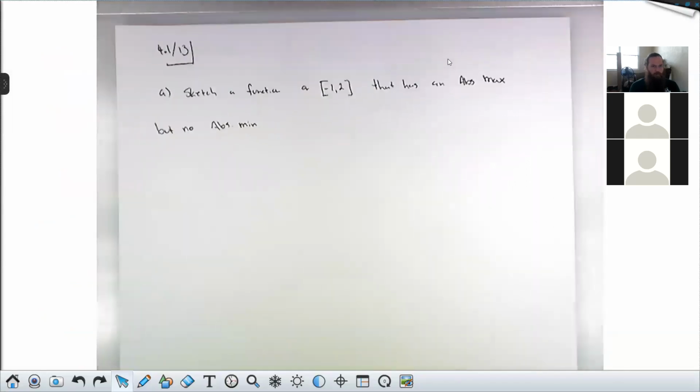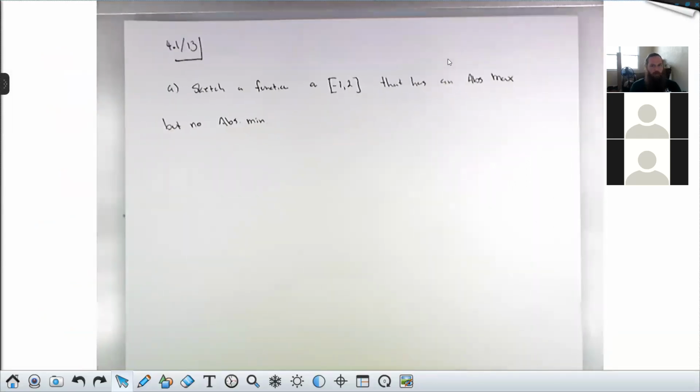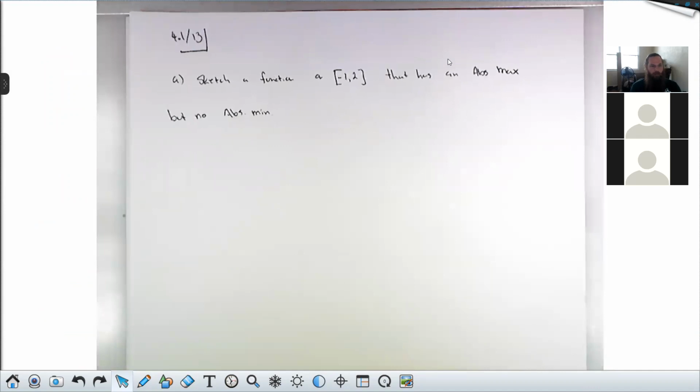What's weird about this? So we all just watched Kevin's lecture, right? I have here a closed bounded interval, but I want a function that has an absolute max, but no absolute min. What does that appear to contradict?